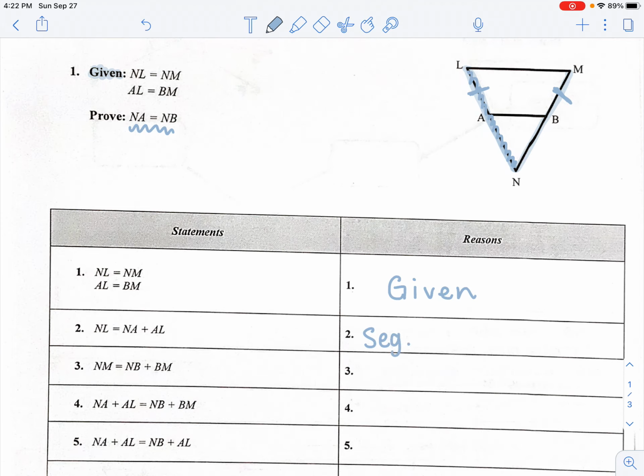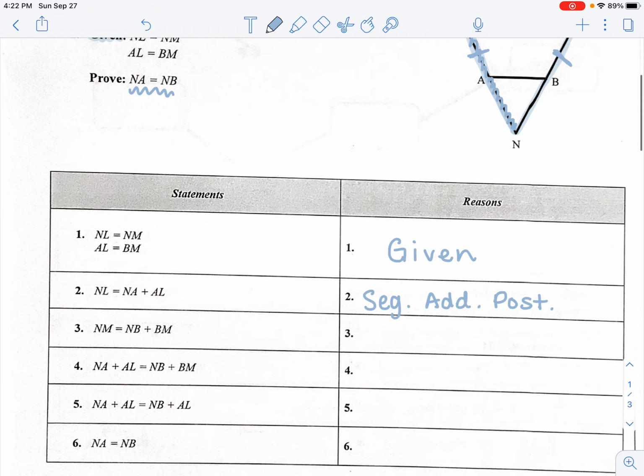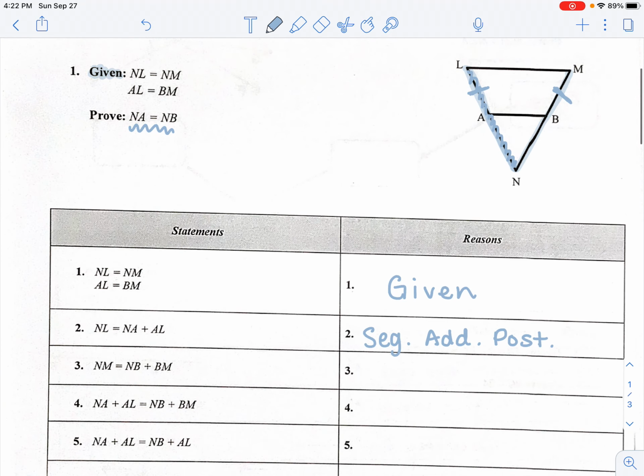Well, that sounds like segment addition postulate. Number 3 says NM, the whole thing, is equal to NB plus BM. That sounds like segment addition postulate again.